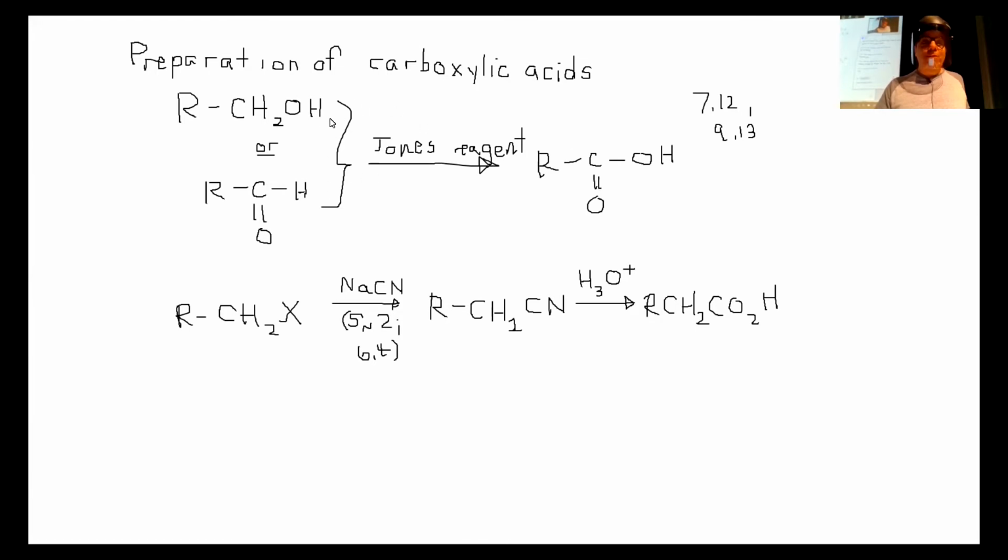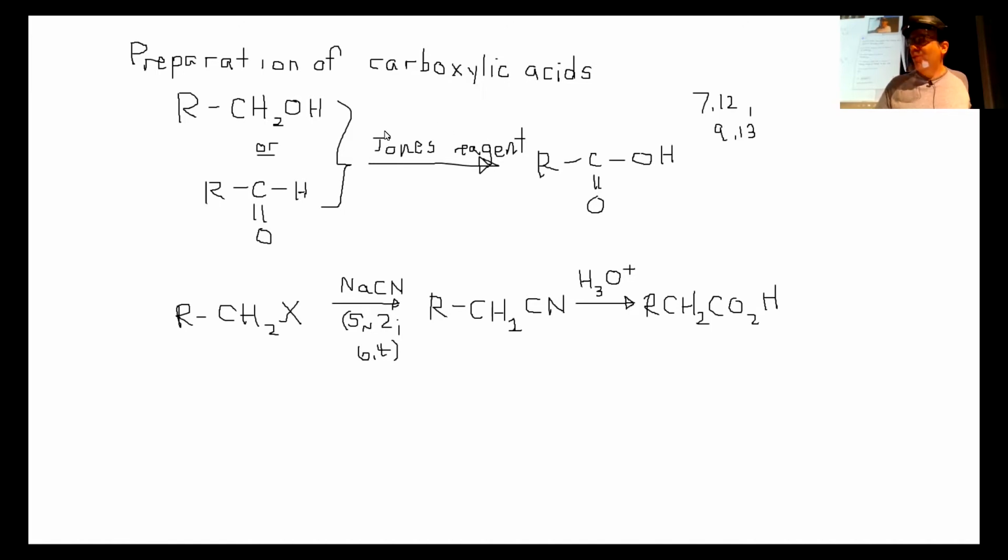We learned in chapters 7 and 9 that primary alcohols and aldehydes, either one or the other, can be oxidized to carboxylic acids using Jones reagent, which is essentially chromic acid. It's like H2CrO4. Any strong oxidizing agent involving highly oxidized manganese or chromium will do the trick.